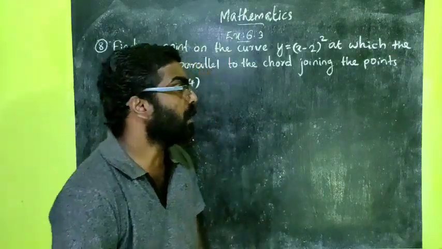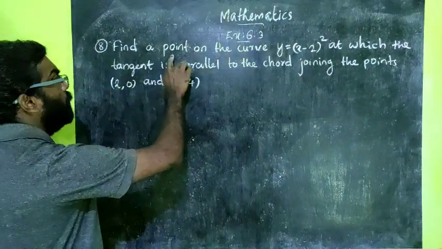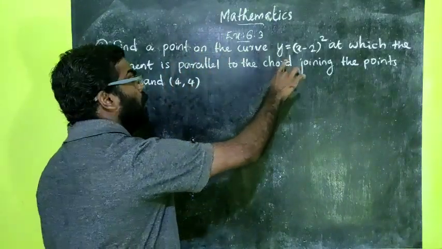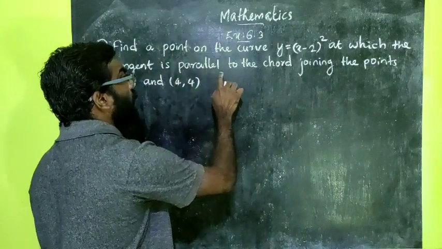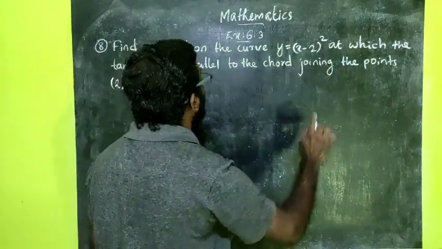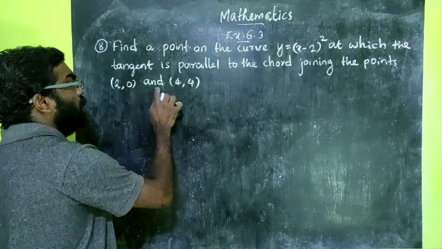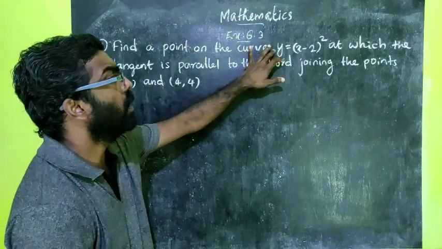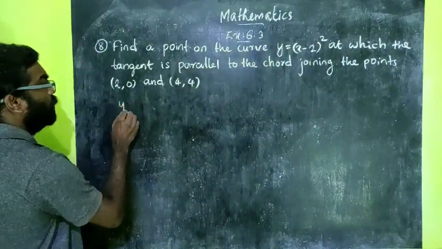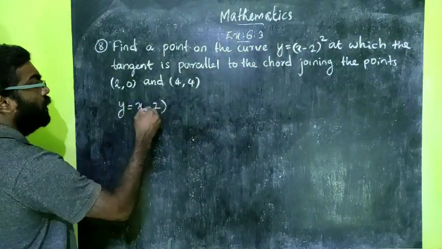And here the next question is, find a point on the curve y equal to x minus 2 the whole square at which the tangent is parallel to the chord joining the points 2, 0 and 4, 4. Okay, here we are given a curve y is equal to x minus 2 the whole square.